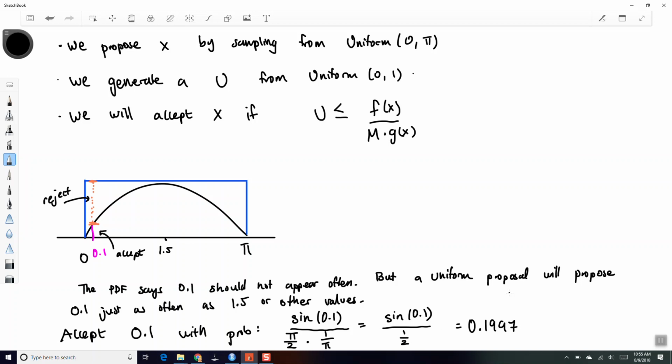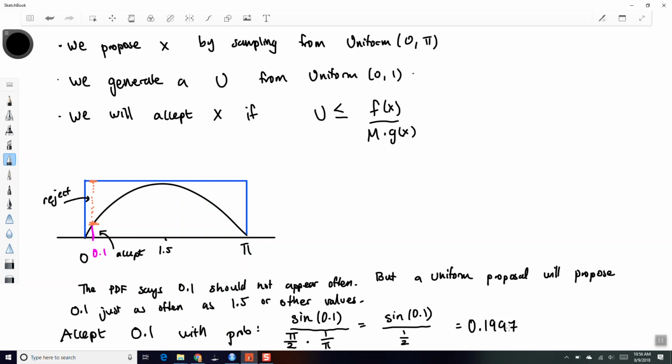And the way we accept this with probability 0.1997 is we just generate another uniform value between 0 and 1, and if that uniform value is smaller than 0.1997, we'll accept it, and if it's bigger than that, we'll reject it. This is the equivalent of throwing darts at the rectangle, and we only accept the darts that have landed inside the PDF.